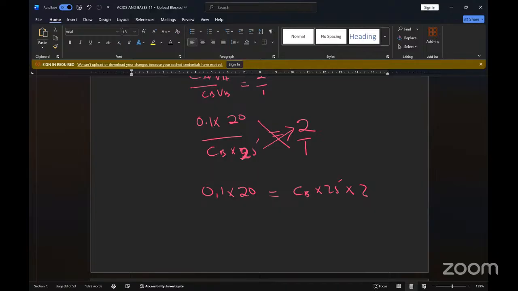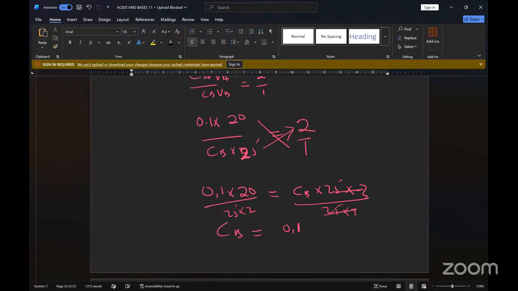And therefore, for the concentration of the base, we divide this by 25 times 2, so that these will cancel.